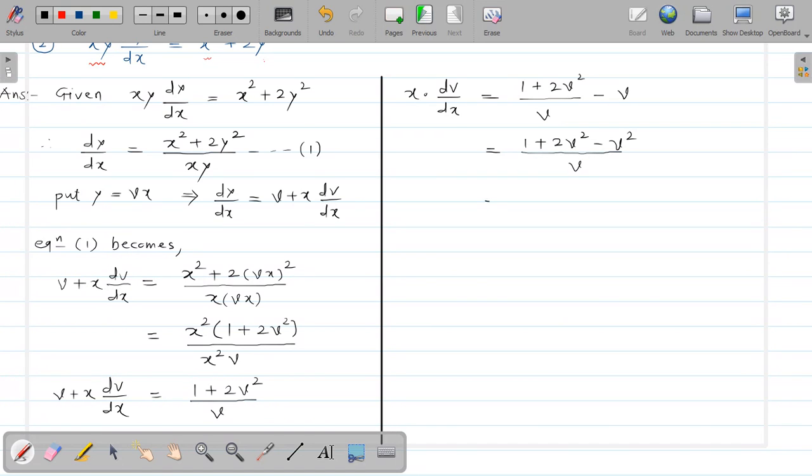Okay, so further you will get (1 plus v square) upon v. Now try to get the variable separable form, that's why I will transfer this (1 plus v square) upon v to the left hand side.